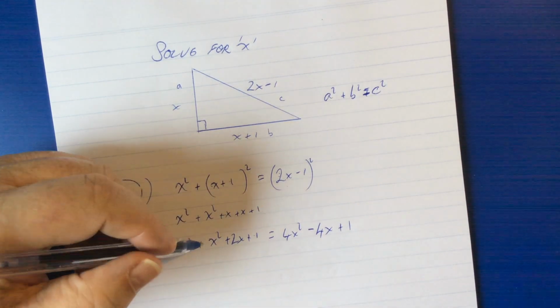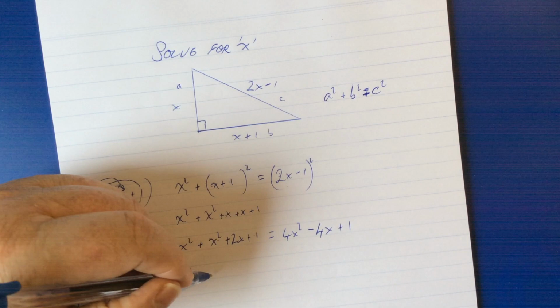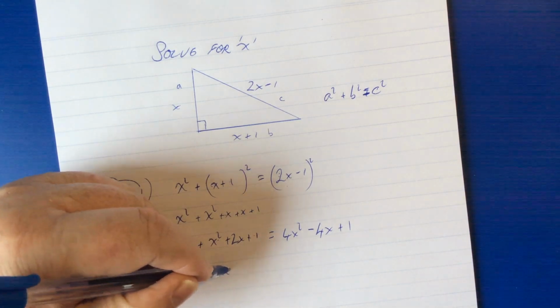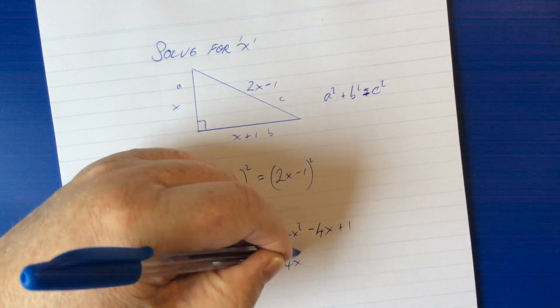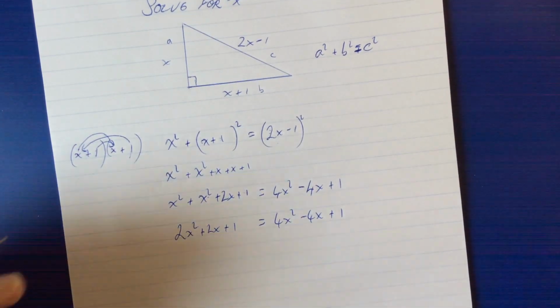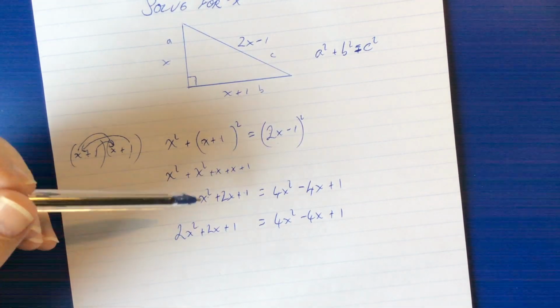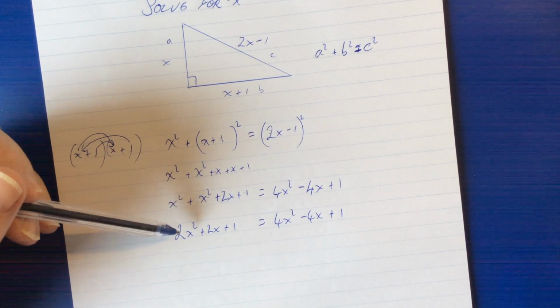When we put these together, we'll do this side first. Add these, 2x squared plus 2x plus 1, and that equals 4x squared minus 4x plus 1. This is a bit tedious, but it's good practice.